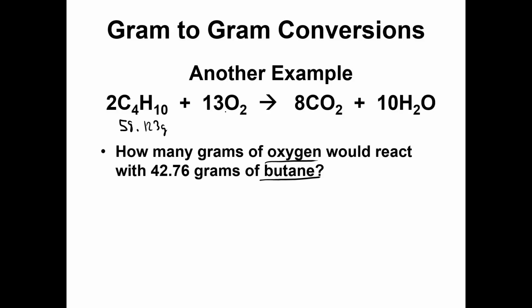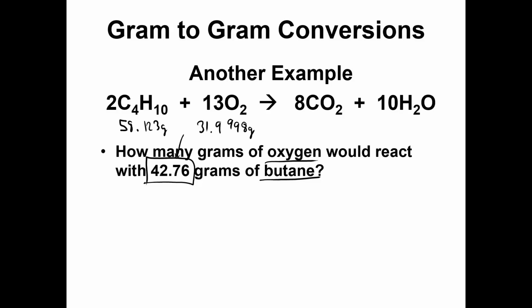So oxygen is here, and oxygen has a molecular weight of 31.999. 32.00 is fine. Since our only measured portion here has 4 significant figures, you can use 32.00 grams. But if you wanted to use even more accuracy, you could. Okay, so it's the same thing.